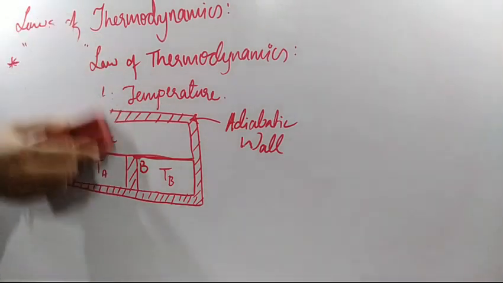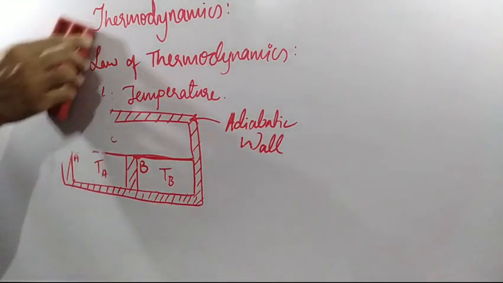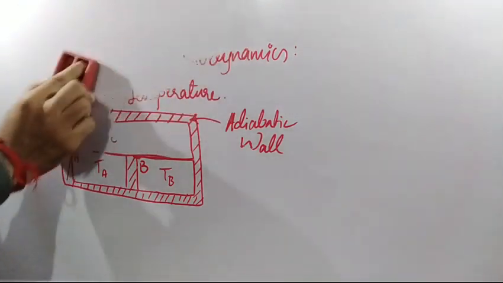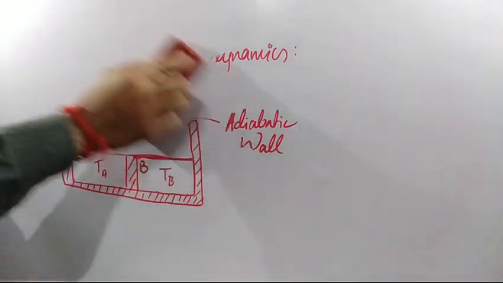Clear? And one more definition of thermal equilibrium: will you try? Thermal equilibrium is the condition where pressure, volume, temperature, basically the thermodynamic variable values, remain constant. Those values don't change. Clear?